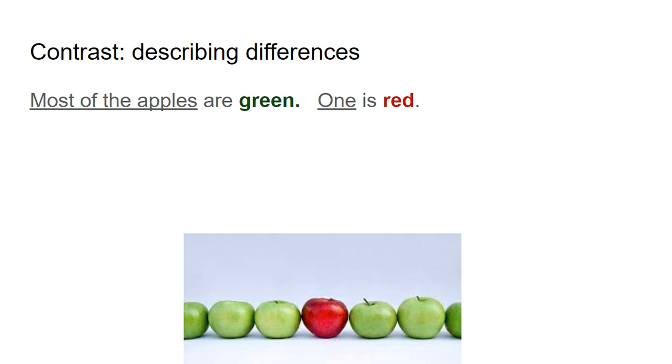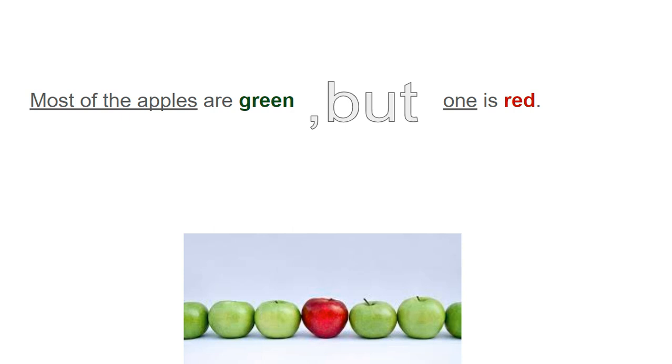So I can tell that these are describing a difference, right? But maybe I want to make it more obvious to my reader that I'm describing a difference. So I might use a connecting word to show the reader, oh, pay attention. Look, there's a difference here. So we're all familiar with the word but. But here is connecting two clauses together.